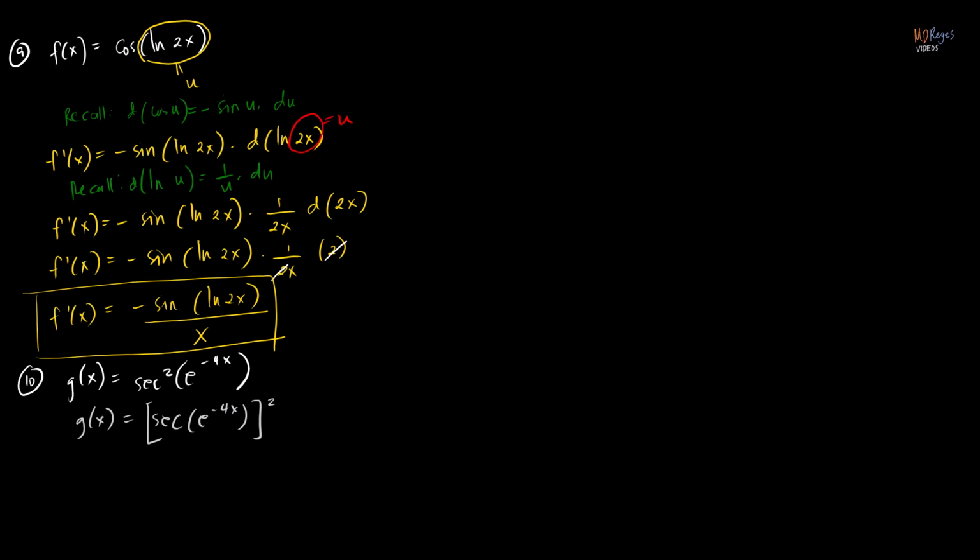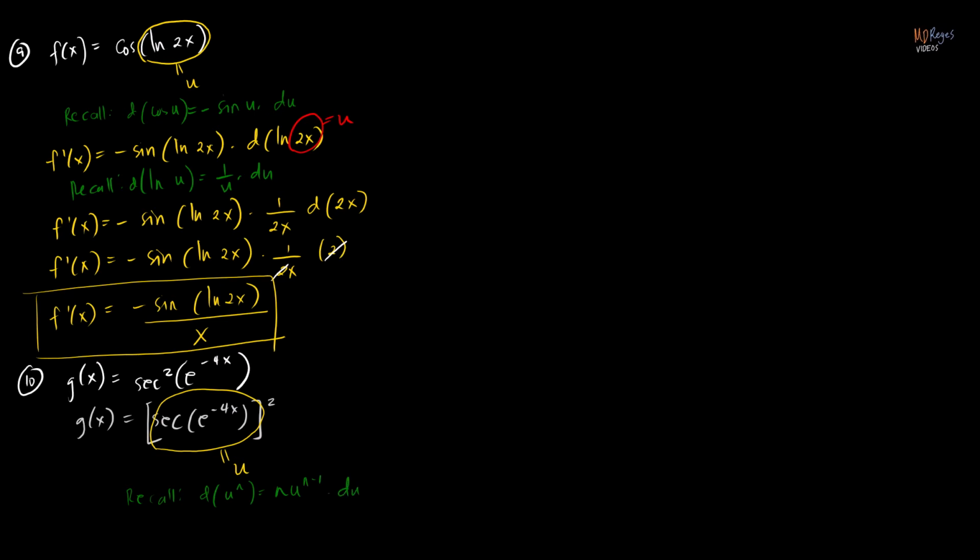Okay, so this can be differentiated using the general power rule, where u is equal to the base. Of course, in the general power rule, the base is always equal to u. So let's just recall the general power rule. The derivative of u to the n is equal to n times u raised to n minus 1 times du.